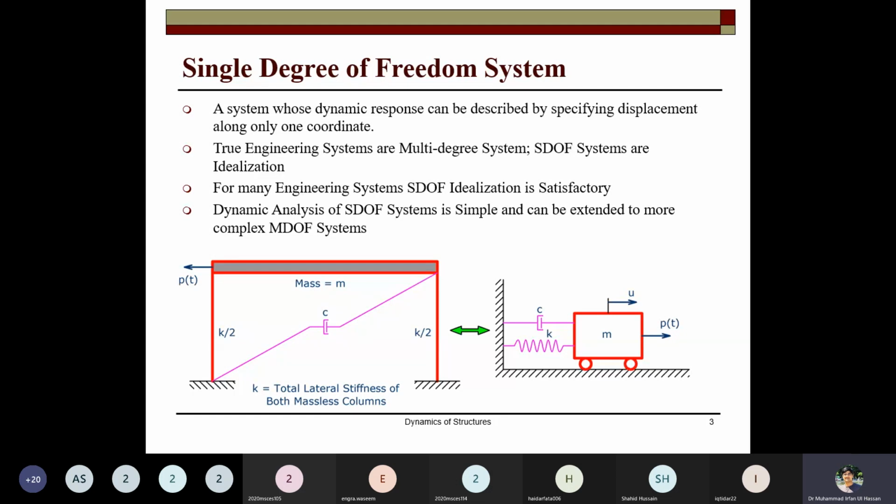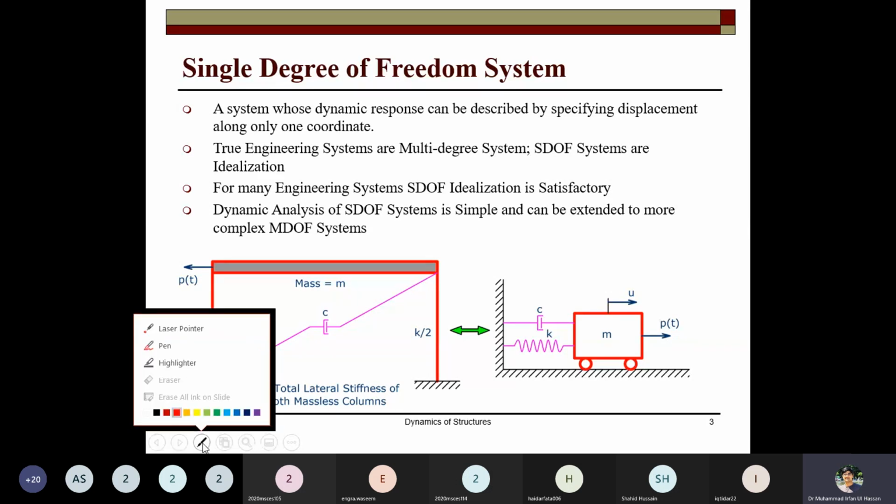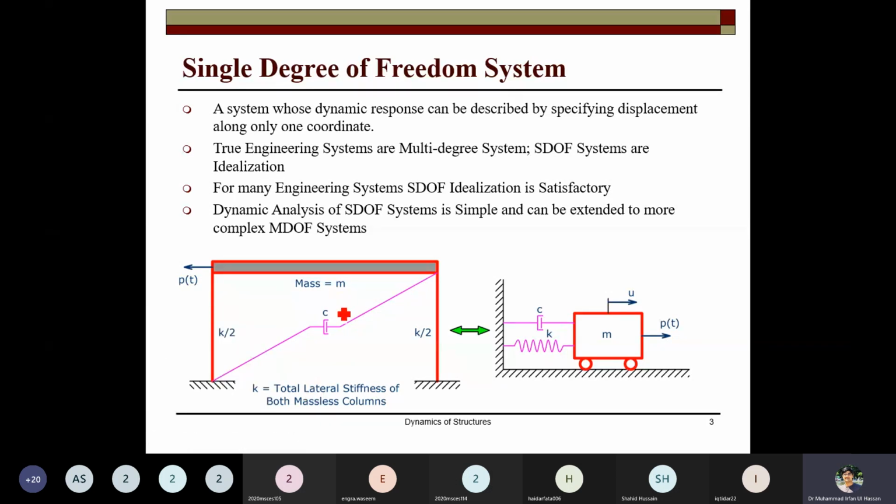So a single degree of freedom system, as in the figure, can be represented by three components. Here is the mass, which is considered as a lump mass, the stiffness, where the sum of the stiffness of all the columns is taken, and the third one is the damping.